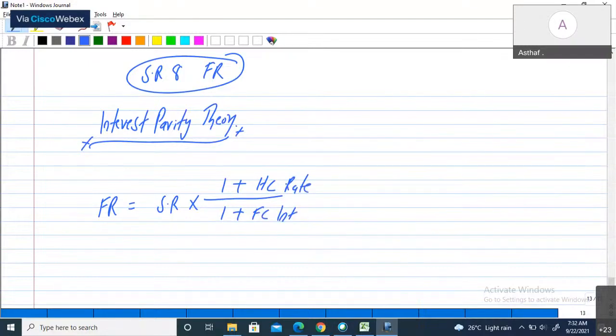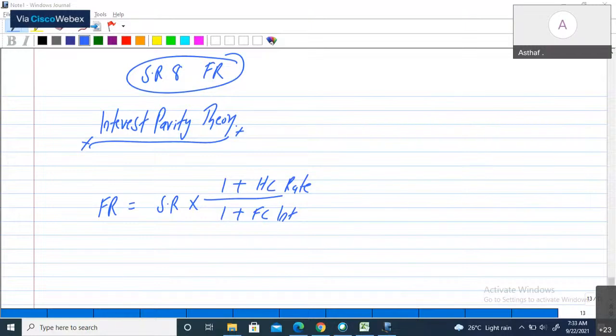We will discuss the illustration also. This theory tells the relationship between spot rate and forward rate. Other things remaining the same, your theoretical forward rate will be your spot rate into 1 plus home currency interest rate divided by 1 plus foreign currency interest rate.